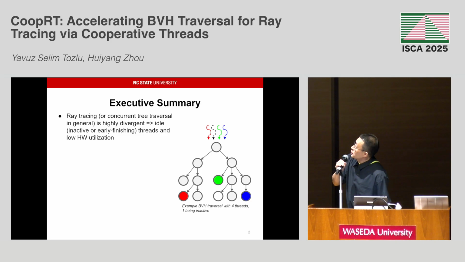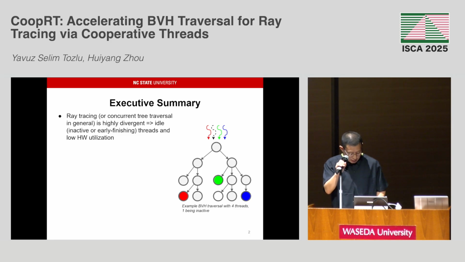As a result, as we will see later on, RT cores will have a low hardware utilization rate, and the reason is mainly what we call completely idle or early finishing threads. We will see that in a few minutes.